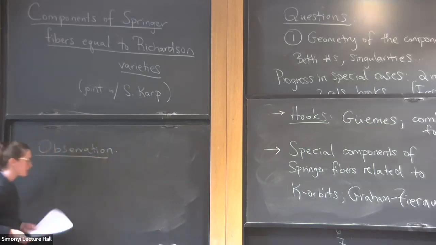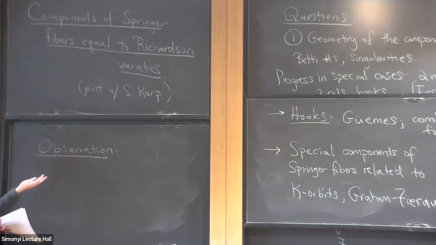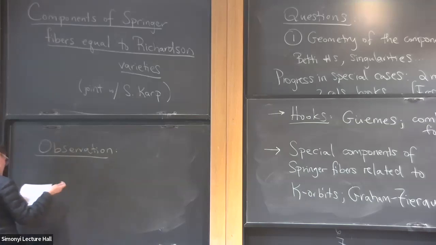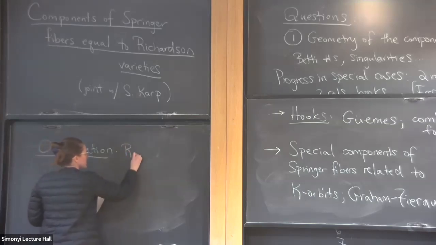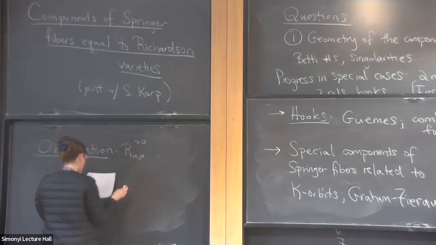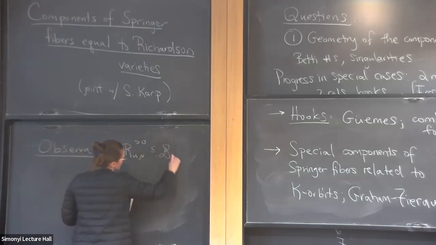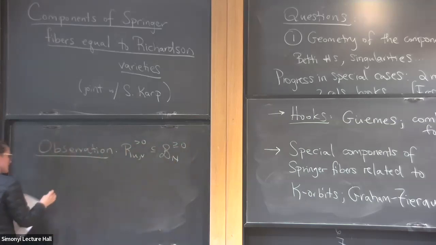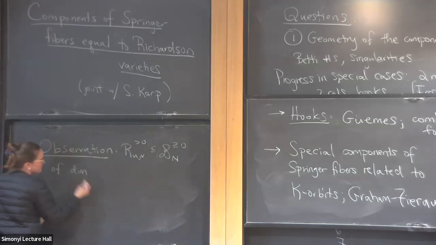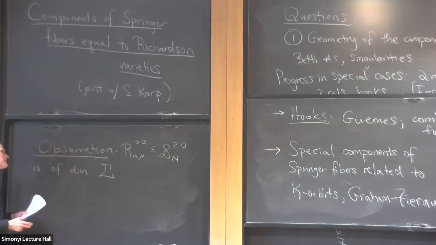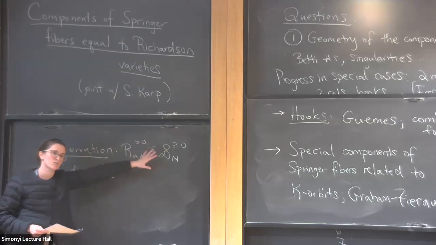which is the following. So we started focusing on when these cells that we're getting have the maximum dimension. And we had the following observation: this I and B greater than 0 has maximum dimension. I was also interested in when this thing has exactly the same dimension as the original Springer fiber.